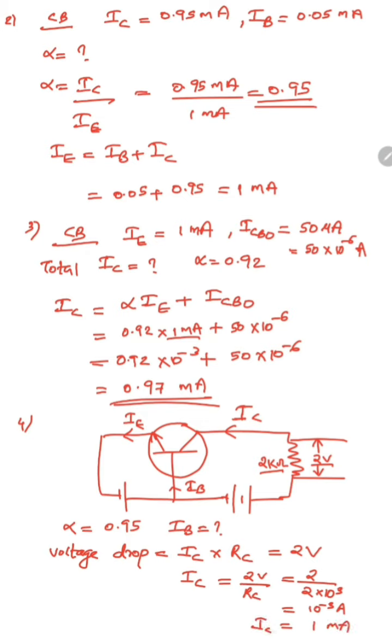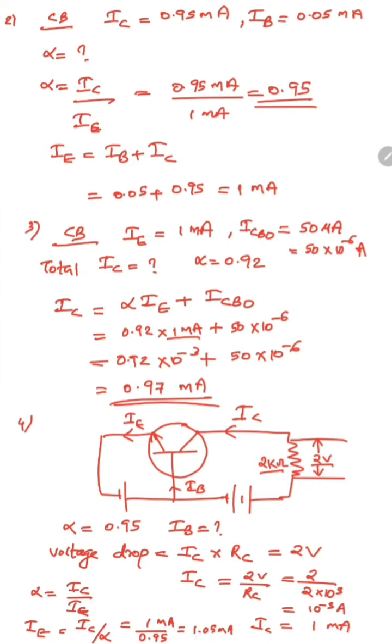So IC is given and alpha is known, so you can find IE. Alpha is equal to IC by IE, so IE is equal to IC by alpha, that is 1 by 0.95 milliampere. So that is 1.05 milliampere.